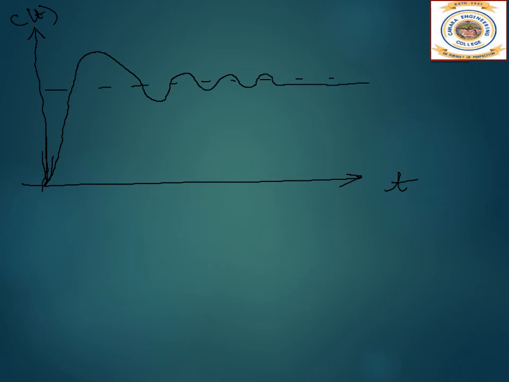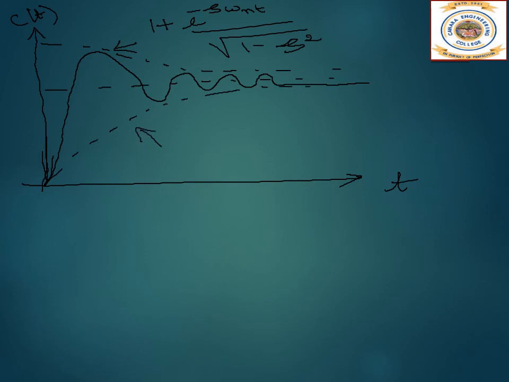So this is given by 1 minus e power minus zeta omega n t whole divided by root of 1 minus zeta square.